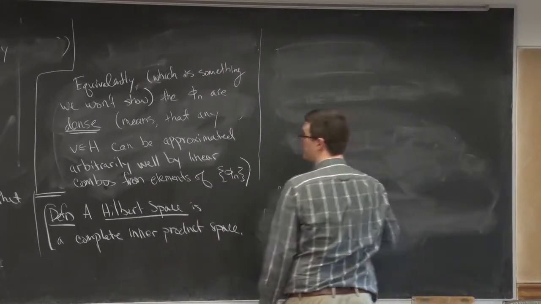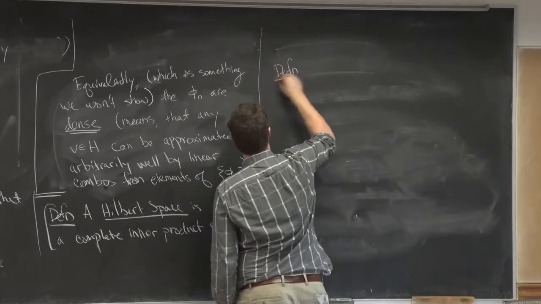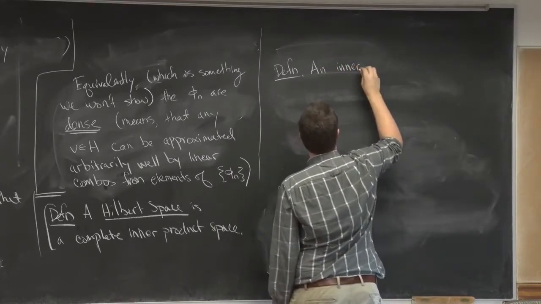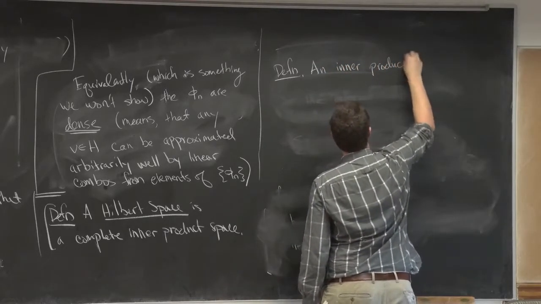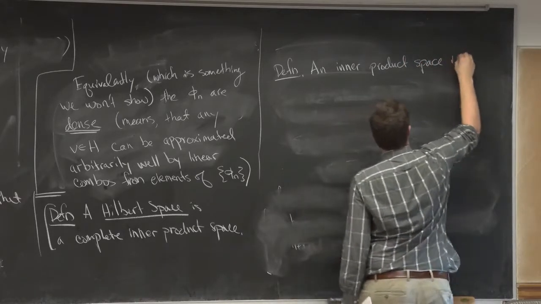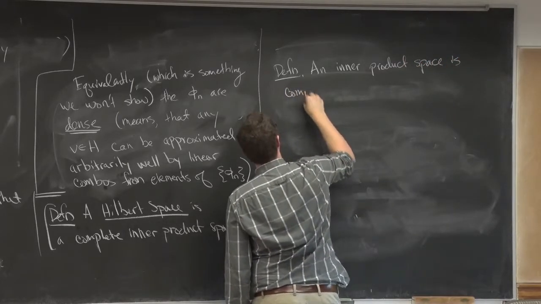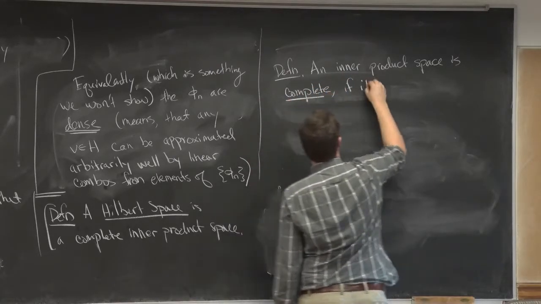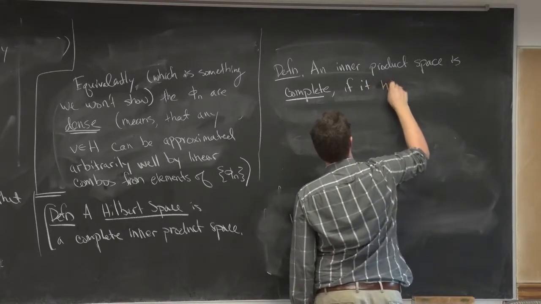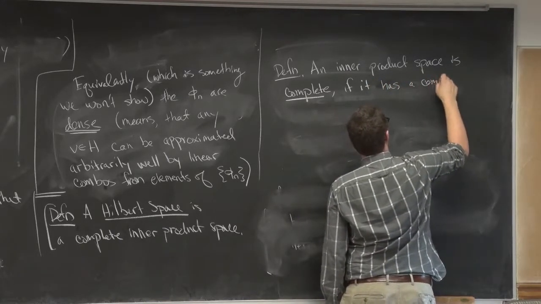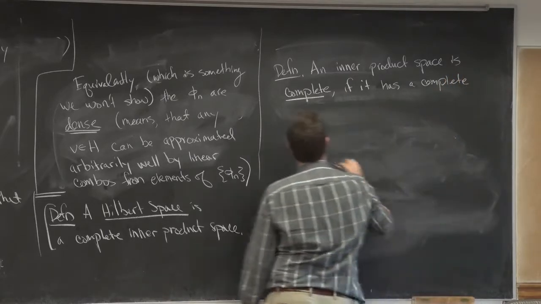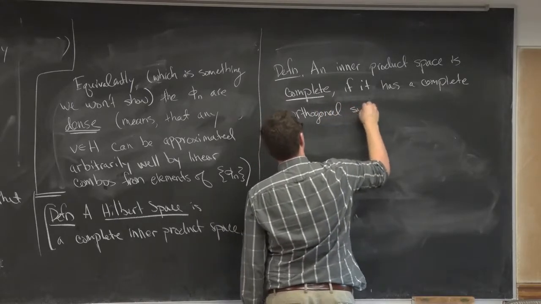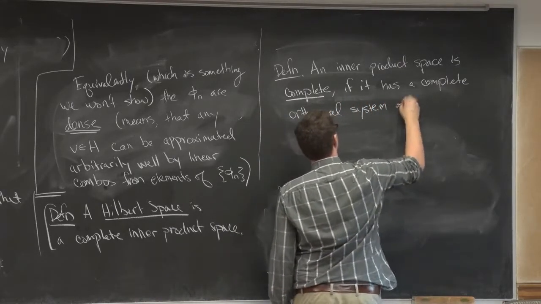An inner product space is complete if it has a complete orthonormal or orthogonal system of vectors.